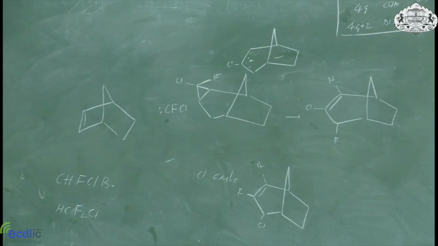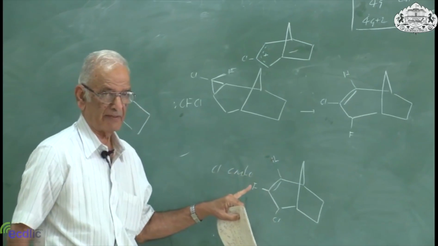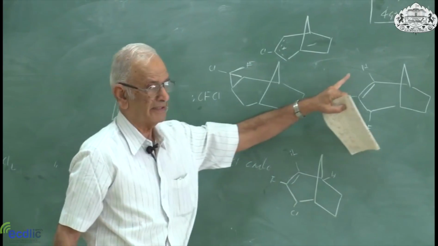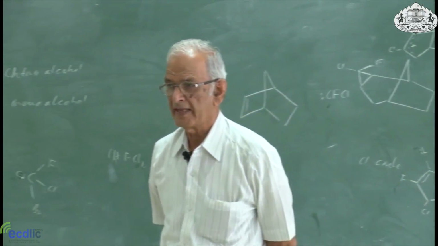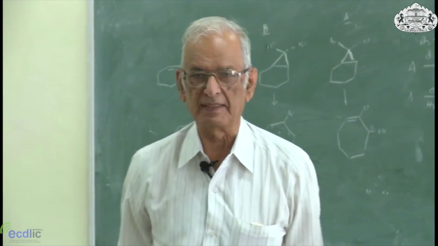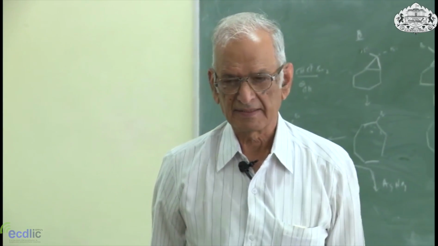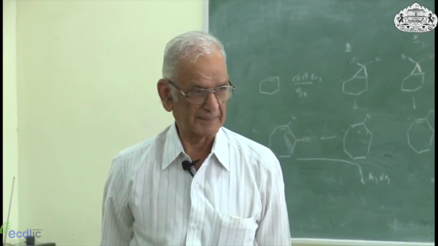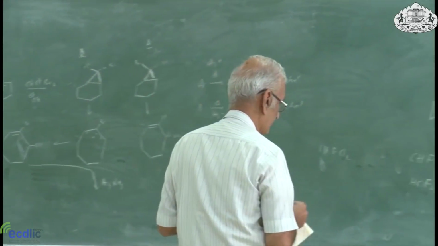So, in this case, you will see hydrogen coupling with fluorine, hydrogen will also couple with this hydrogen. In this case, hydrogen will couple only with that hydrogen. Fluorine has spin equal to 1/2, so fluorine will couple with hydrogen. Chlorine doesn't have spin 1/2, it will not get involved in coupling. So, your NMR spectrum will help you to get the answer to this.